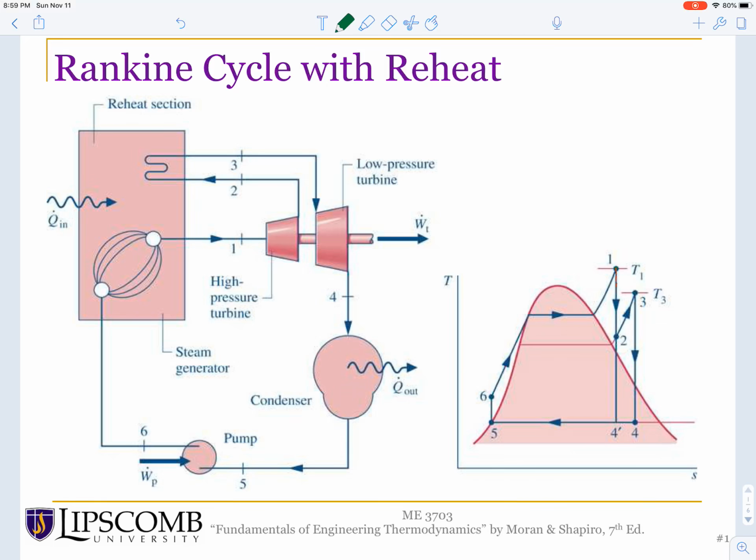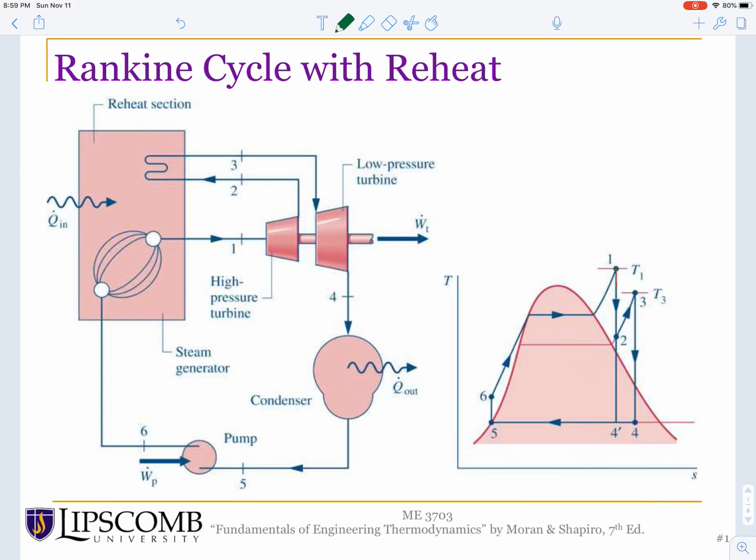Otherwise, you have unacceptable wear on the turbine blades from impinging water droplets acting on them. So one trick to try to increase performance and increase the vapor quality at the exit of a turbine is through reheat. This also connects well with the homework assignment you had last week that analyzed two turbines.